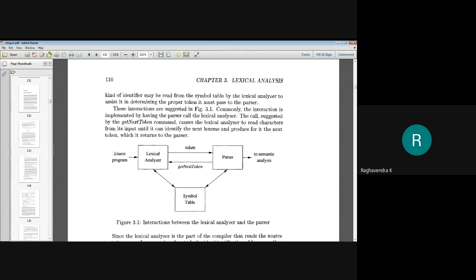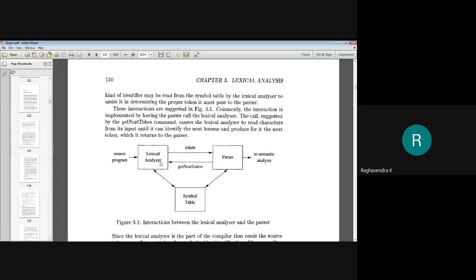The lexical analyzer reads the source program, groups it into tokens, and returns those tokens to the parser. This is a continuous process as long as the parser requires tokens for syntax analysis, and it is over once the source program has terminated.